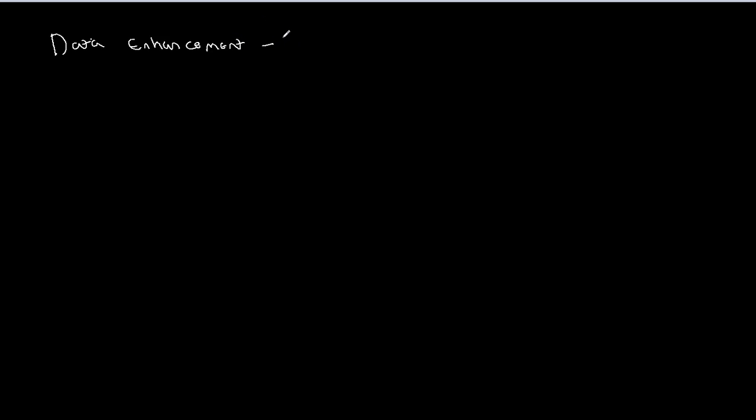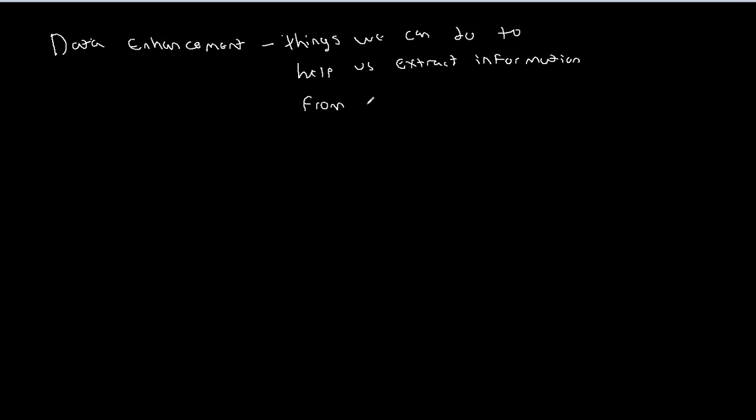So data enhancement, right, kind of like the name implies, is that we're going to do things to the data that improve our ability to extract information from imagery. So these are things we can do to help us extract information from imagery.